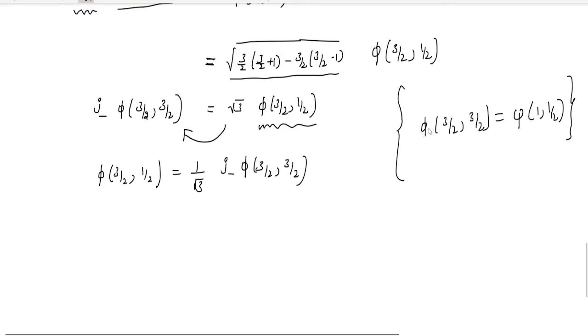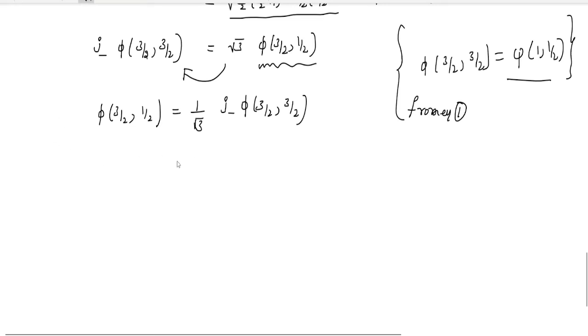In place of psi 3 divided by 2, 3 divided by 2, we can use psi 1 comma 1 divided by 2 from equation number 1. Root 3, so the J minus operator is already there. In place of this, I'm going to replace the wave function psi 1 comma 1 divided by 2.